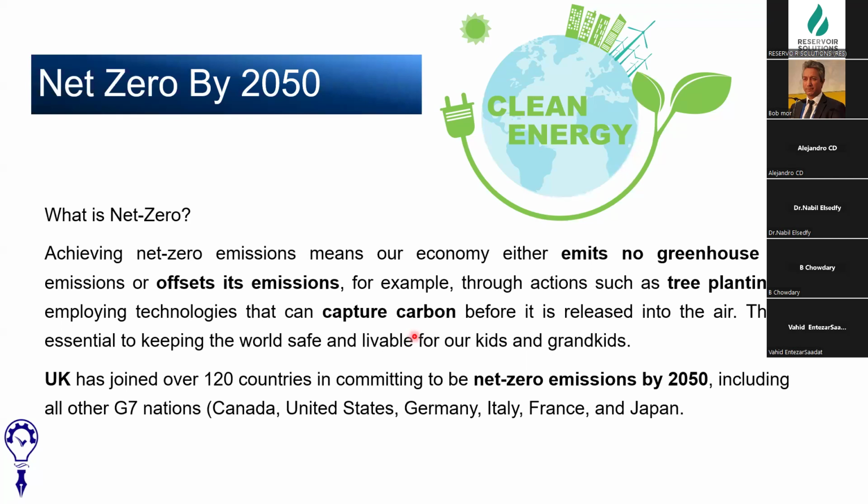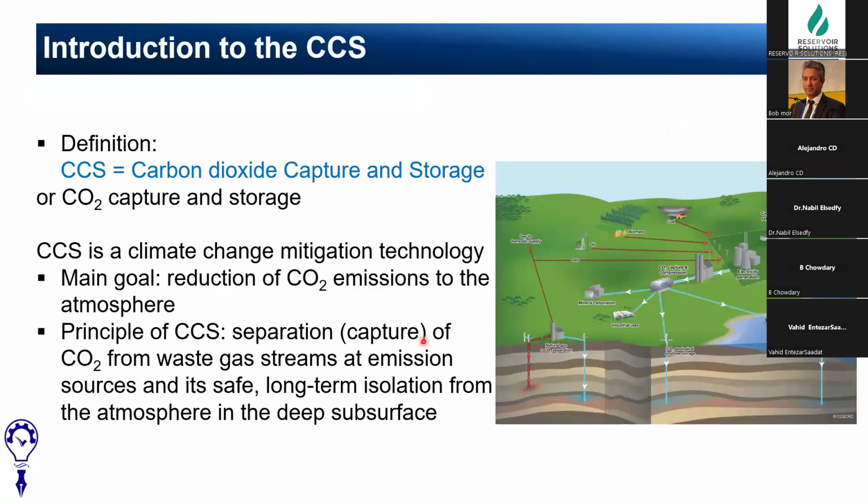So by this introduction to energy transition and net zero, let's see what CCS is. CCS means carbon dioxide capture and storage, or in other words, CO2 capturing and storing. We also have another term, CCUS, or carbon capture, use, or utilization, and storage as well.